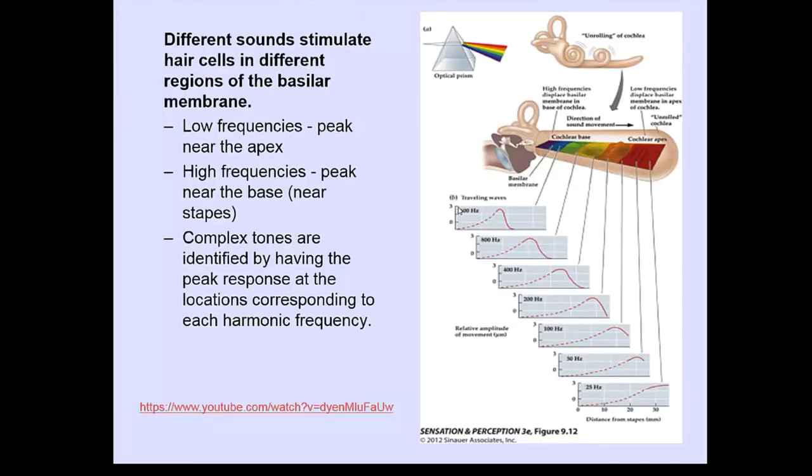Now let's take a look at how these different sounds stimulate hair cells in different regions of the basilar membrane, and how it would work for a more complex sound. So remember, low frequency stimulate hair cells out here at the apex. High frequency stimulate hair cells over here at the base.